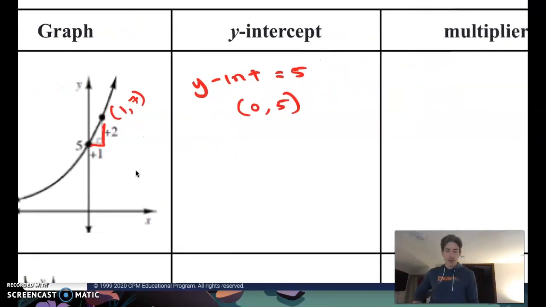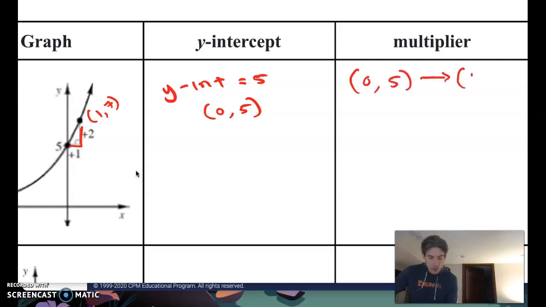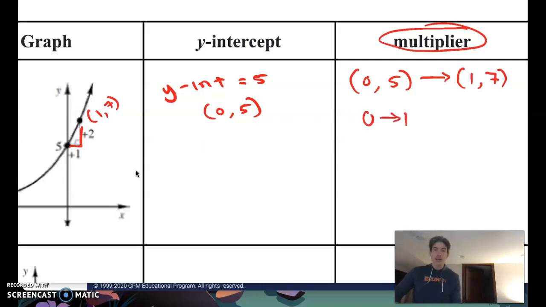I'm going to zoom out a little bit and go over to this next piece. The point goes from (0, 5), the y-intercept, and then it goes to the point (1, 7). Now remember, we're talking about an exponential, so I do have a multiplier. That tells me as I go from 0 to 1, I'm just talking about those x's right now, my corresponding y's go from 5 to 7.